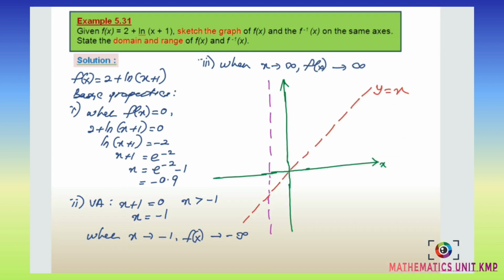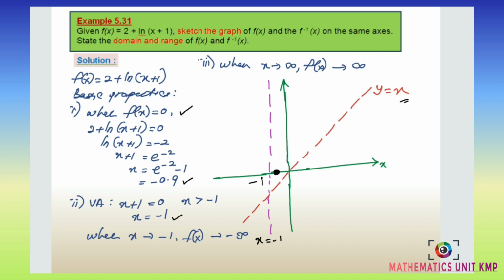To sketch the graph of f(x) and f inverse, first draw the dotted line y = x. Second, draw the vertical asymptote, a straight line at x = -1. Now, when y = 0, x = -0.9.